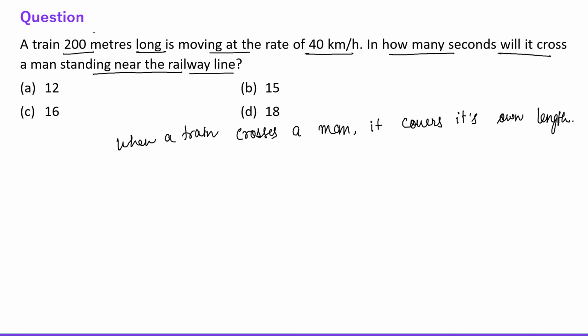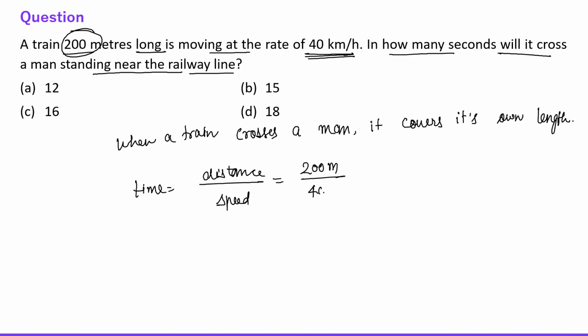So 200 meters is the length of the train and the train is running at the speed of 40 kilometers per hour. We need to find the time. Time is what? Distance upon speed. So what distance is the train covering and with what speed? The distance it is covering is 200 meters and the speed is 40 kilometers per hour.